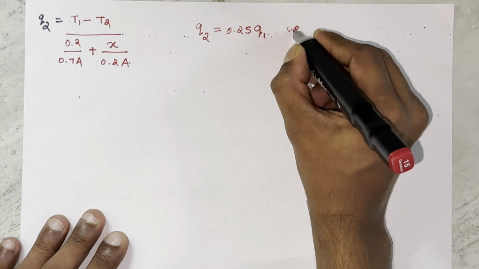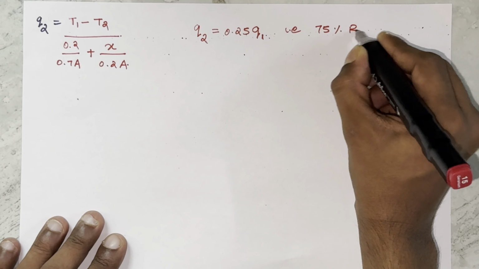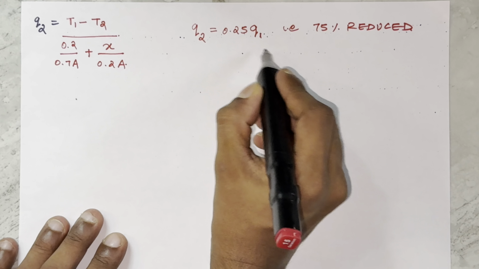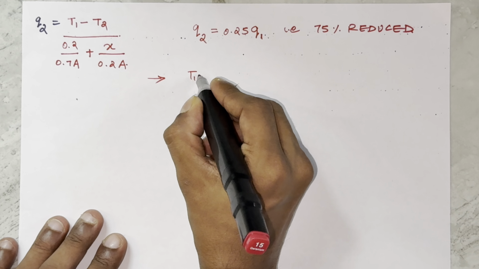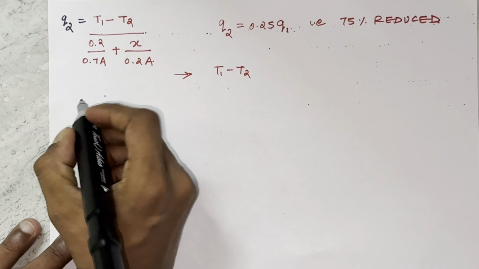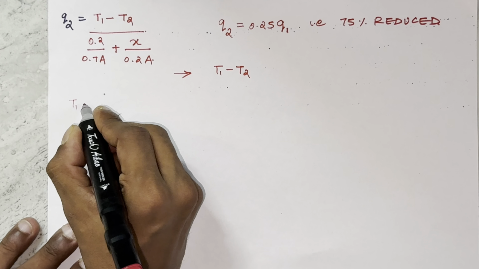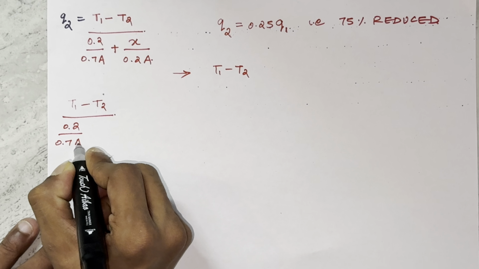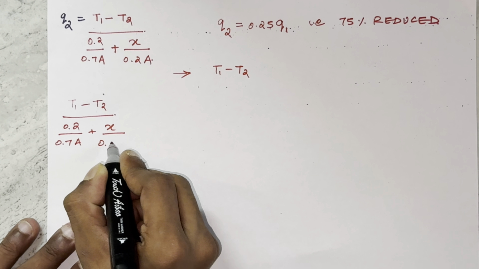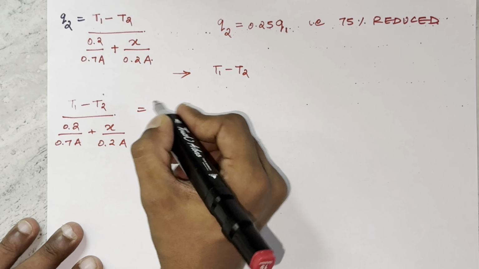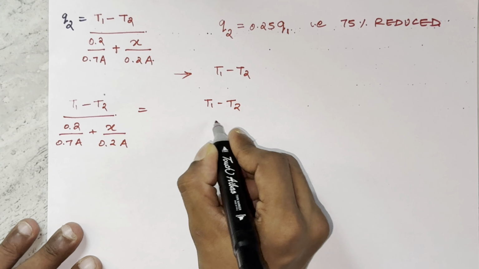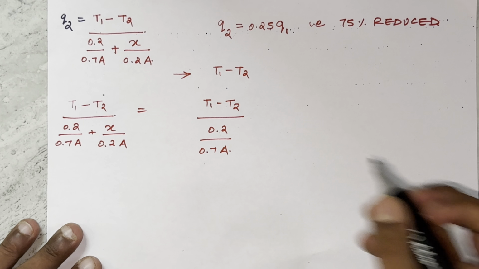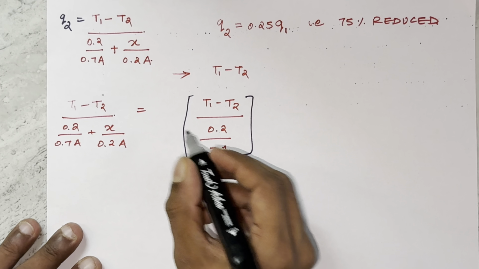Applying this relation, T1 minus T2 upon 0.2 upon 0.7 A plus x over 0.2 A is equal to 0.25 times Q1, where Q1 is T1 minus T2 upon 0.2 upon 0.7 A.